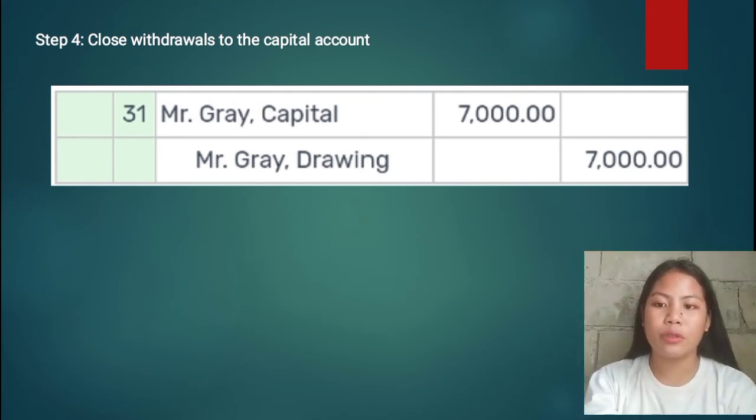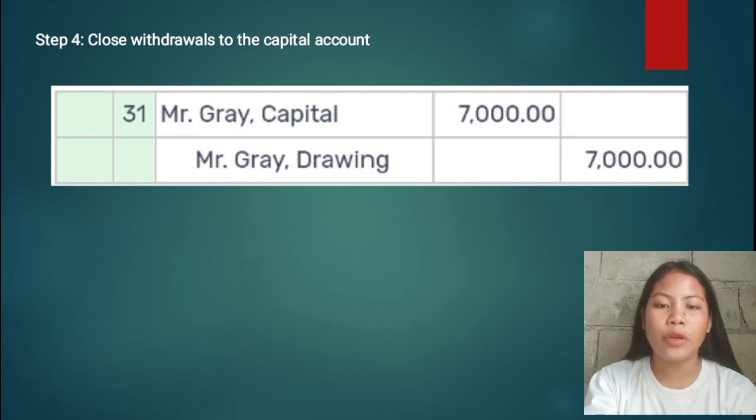For corporations, when dividends are declared, they are usually recorded by debiting retained earnings and crediting dividends payable. Note that by doing this, it is already deducted from retained earnings. A capital account hence does not require a closing entry.